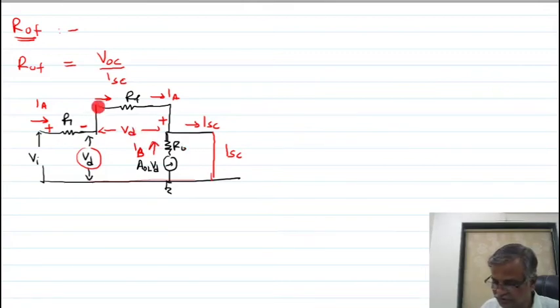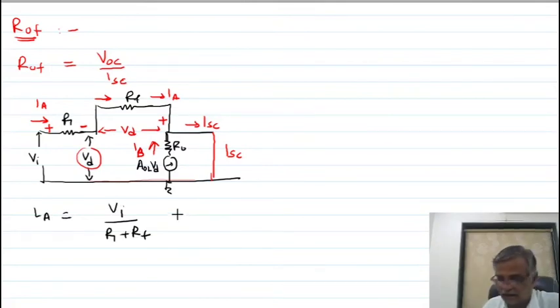So I have to find out IA and I have to find out IB. What is IA? You can write IA is nothing but the input voltage upon total resistance, because this is a short, this is your ground. So only you have to consider these two resistances. Now what is IB?